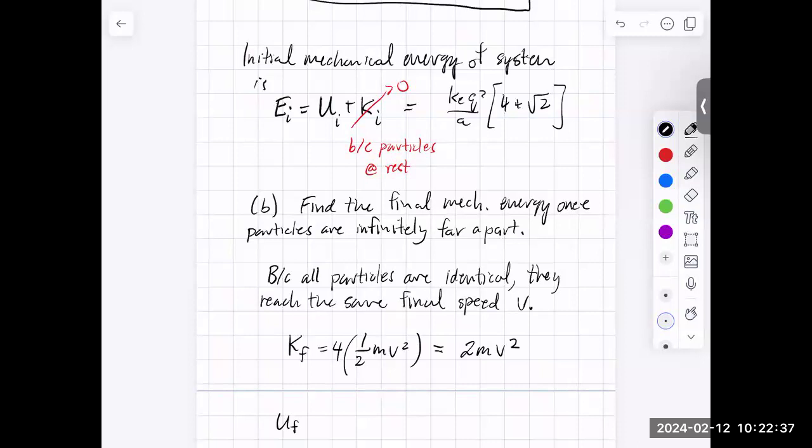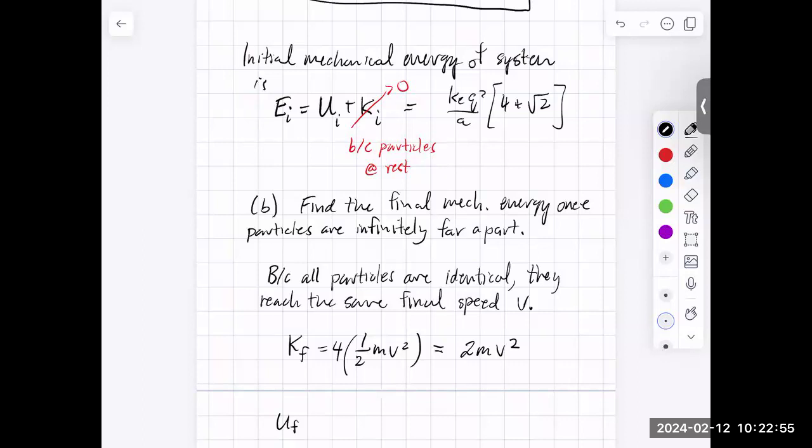If we know that the potential energy between a pair of particles is k times Q divided by R, and they're infinitely far away from one another, what's the potential energy? 0.